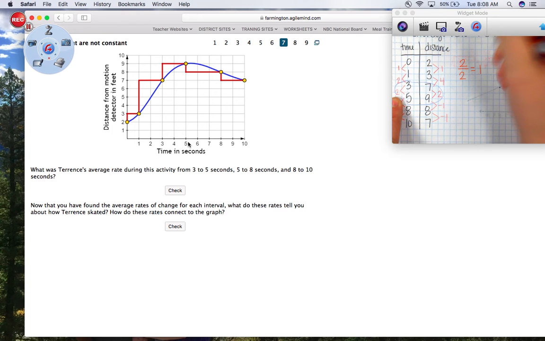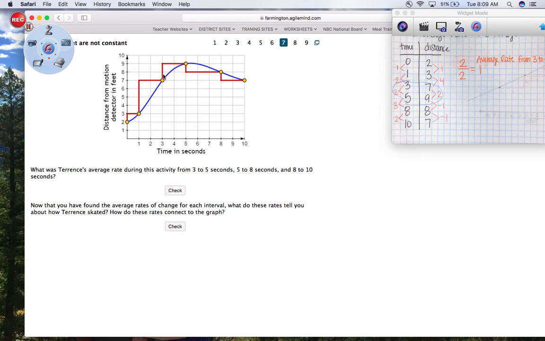So the average rate from 3 to 5 seconds is 1. And you can see that on the graph. From 3 to 5, it goes up 2 over 2. So it was an average rate of 1.